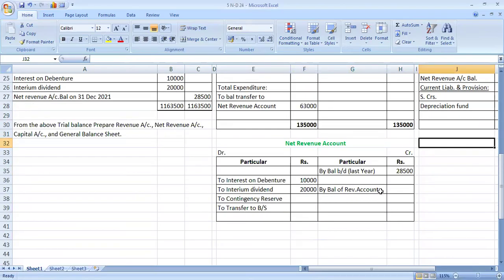Balance of revenue account goes to the net revenue account credit side, 63,000. The total of net revenue account credit side, that is 91,500.